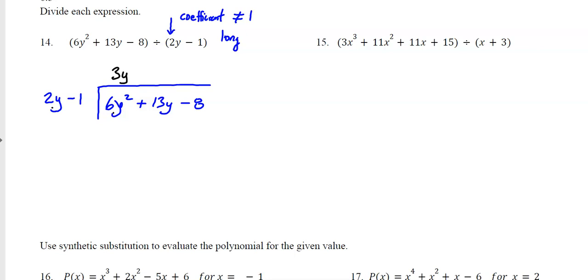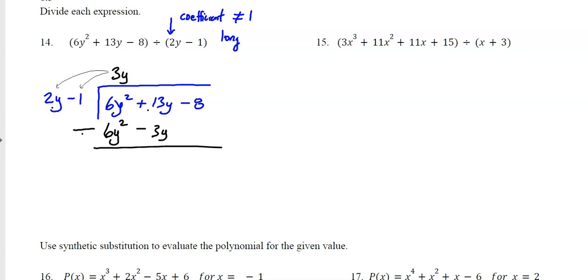Well, once I get that, I need to multiply coming backwards and stack it up down below. So 3y times 2y is 6y squared minus 3y. And then with long division, you always subtract. So 6y squared minus 6y squared, and that's gone. That's nothing.